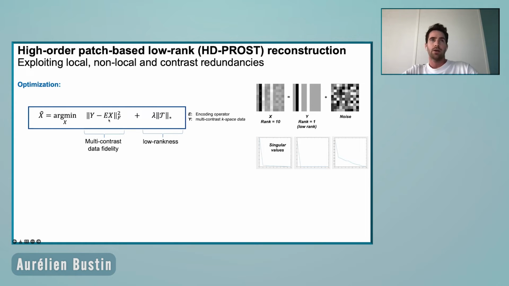X are the multi-contrast images you want to recover. And E is your encoding operator. Usually within E, you have the sampling, the acquisition, you have Fourier, you have coils, you could add as many things as you want in there. So that's exactly what we've seen before with Jérôme. The only difference is that we have a multi-contrast data set here.